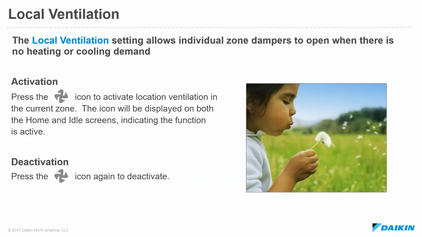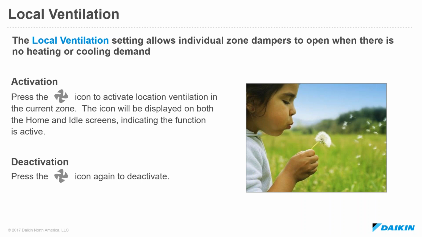we can bring ventilation to all of the zones on the DZK. The alternative to global ventilation, there is a setting called local ventilation. And as you might expect, this is something that is engaged individually at each different zone. So the local ventilation setting, really what we do is we enable this at the local zone.